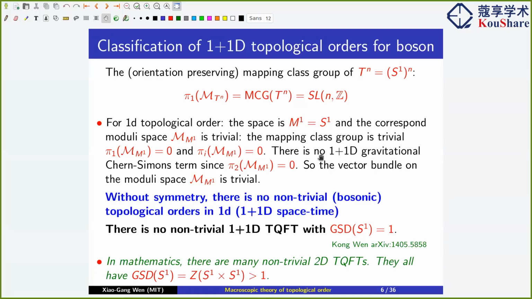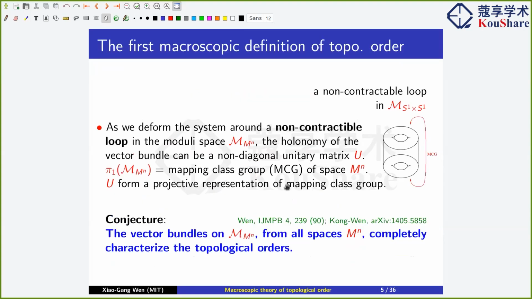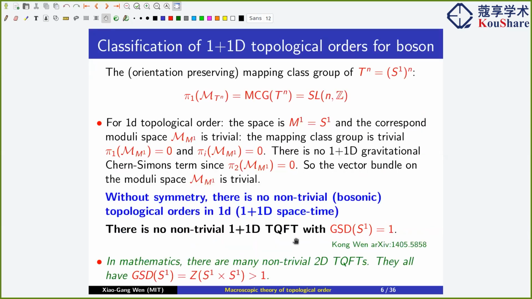It's consistent with our expectation that topological orders are described by this vector bundle. But in 1 plus 1 dimension, this vector bundle is always trivial because the base space is trivial and the moduli space is trivial. Then the vector bundle has to be trivial. Therefore, indeed, there's no topological order in 1 plus 1 dimension.